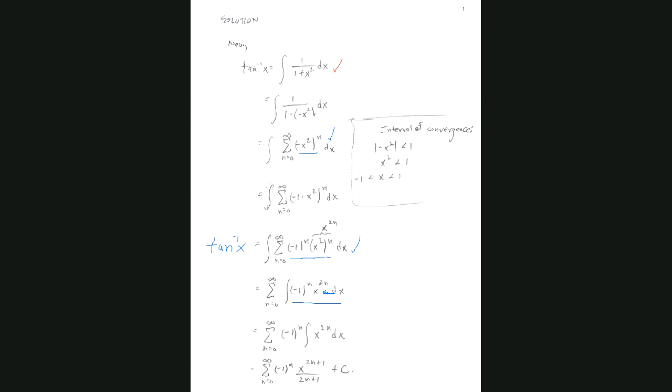What's the constant? That's right, Robin, negative 1 to the nth power. So we'll factor it out. Okay, we'll factor it out.